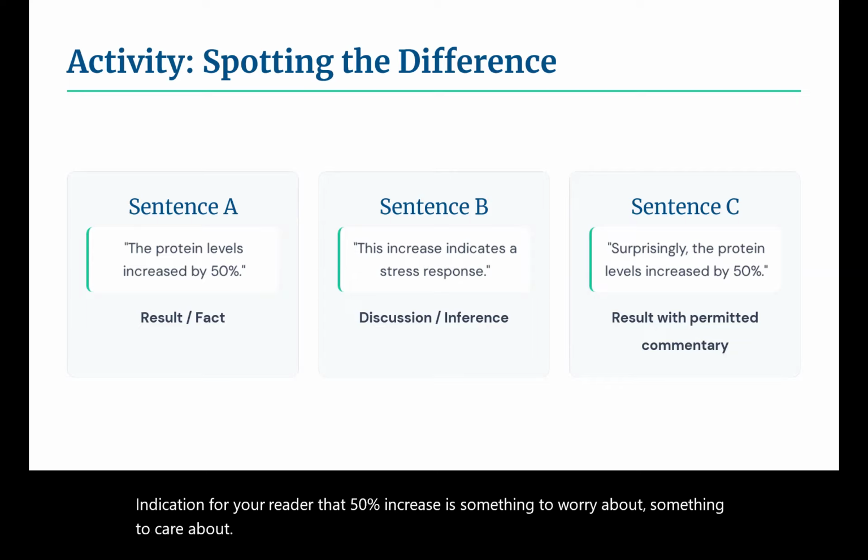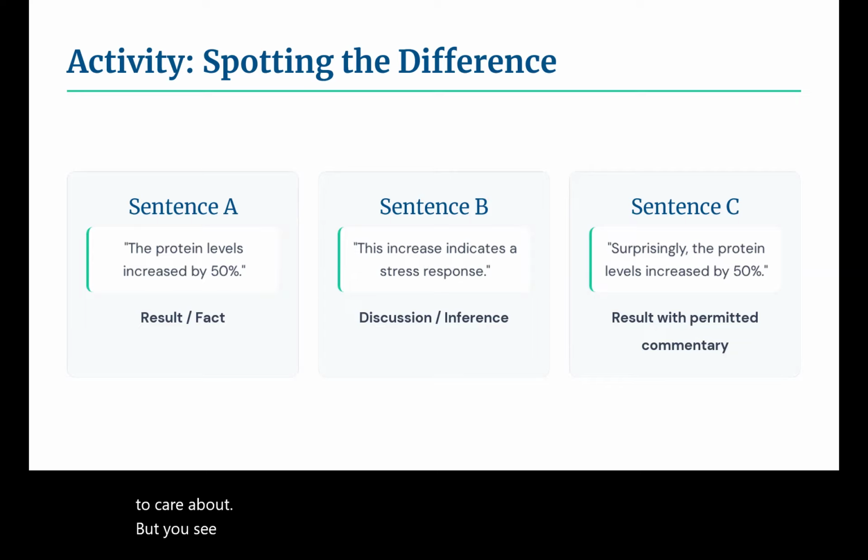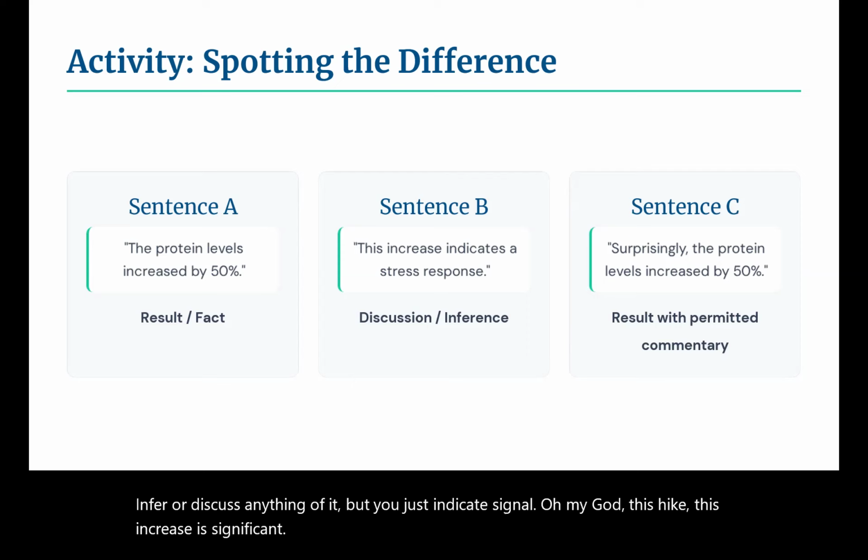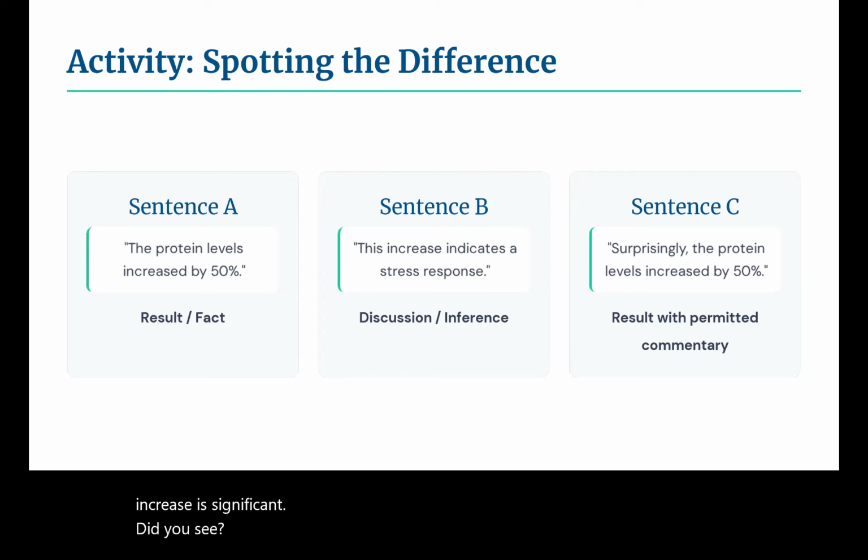But you see, in sentence C, you do not go into inferring or discussing anything, but you just signal, oh my God, this hike, this increase is significant. Did you see? So which sentence do you think rightly fits your result? Can you choose between A, B, and C?